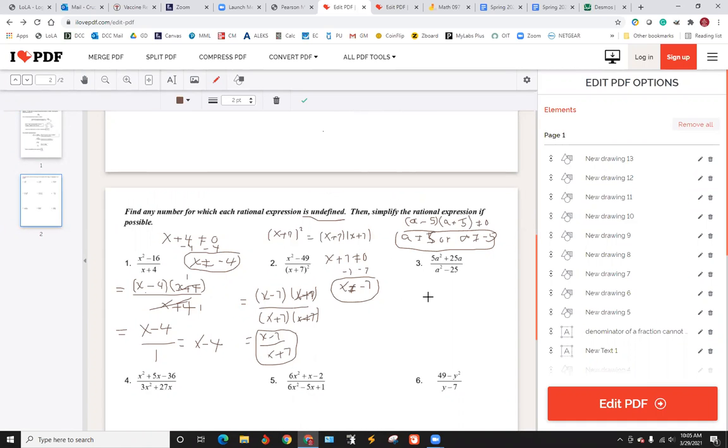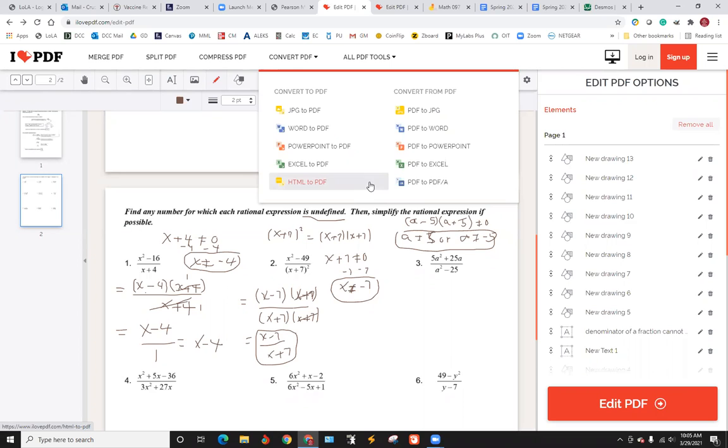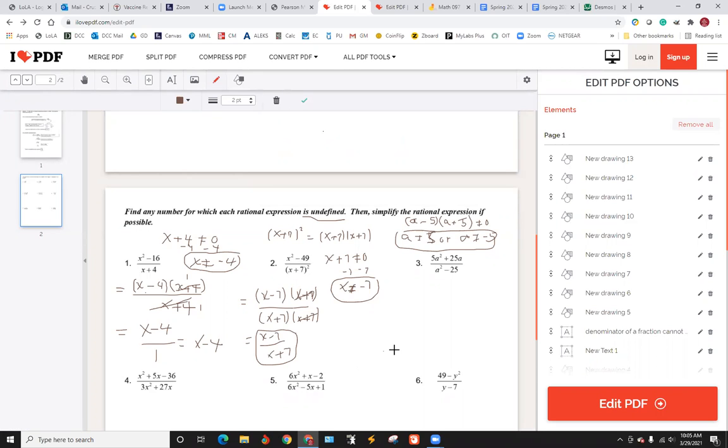All right, so what happens when you simplify? Okay, in the denominator, again, we just did it up there.